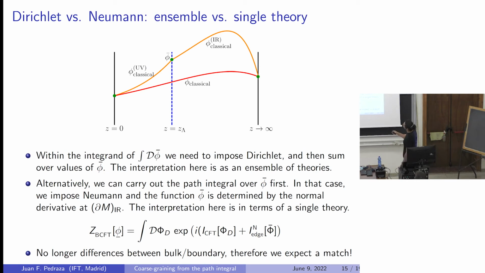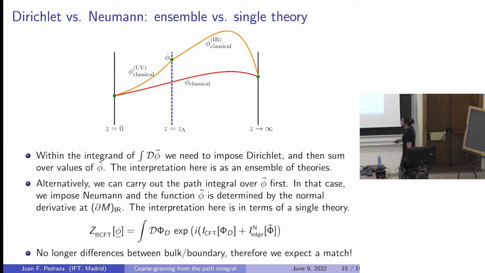So that's what this represents here. And then at the end of the day, you integrate over all possible boundary conditions, Dirichlet boundary conditions at the interface. Once you do that integral, that average, you get this smooth solution that is the global solution. Okay, so if we don't do this integral and we first solve for the classical fields, then we can impose Dirichlet boundary conditions.